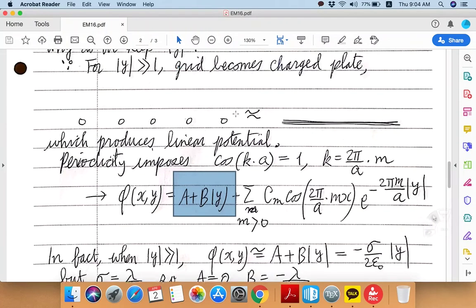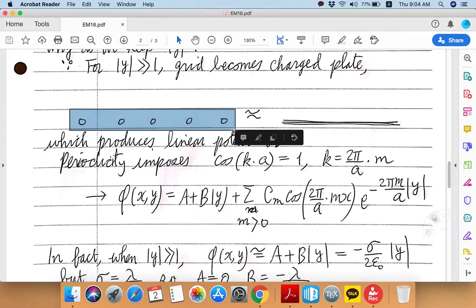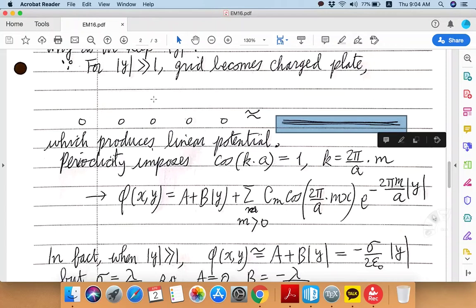Well, there's a reason. If you look at this array, then when you look at this system from a distance far, far away, it should more or less look like a plate.